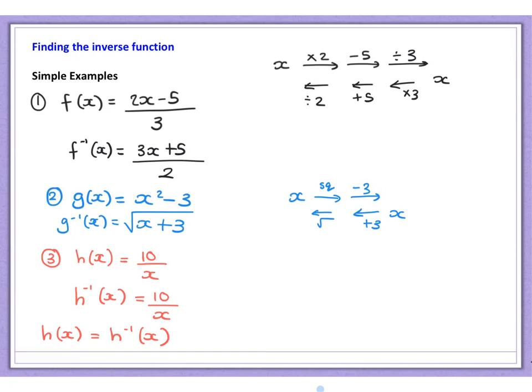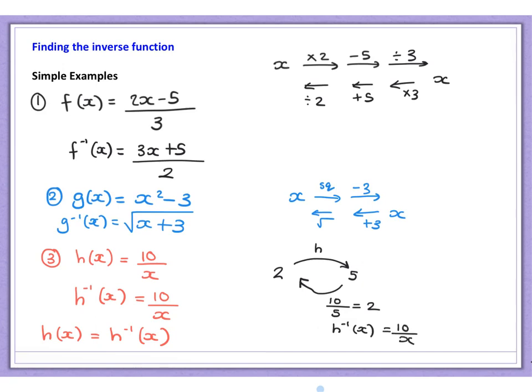To see this, think about some numerical values. If you start off with the value of 2, and you input this into the function h, so 10 divided by 2, which gives you an outcome of 5, well, in order to return back to 2, you have to do 10 divided by 5. So that means h minus 1 of x is also 10 divided by x.